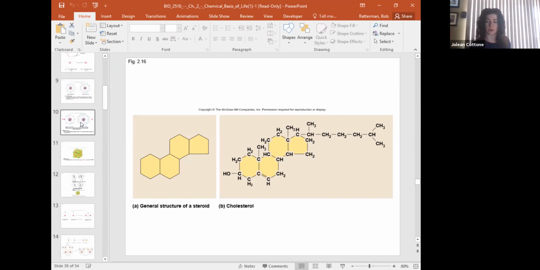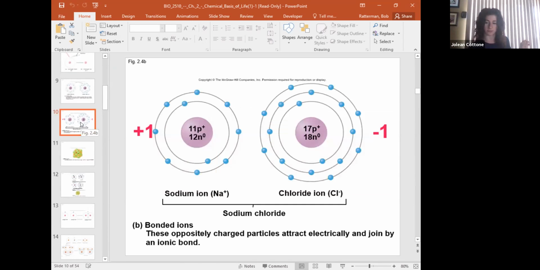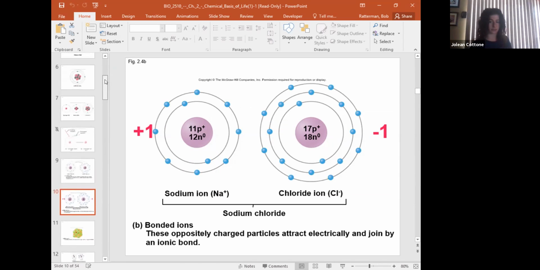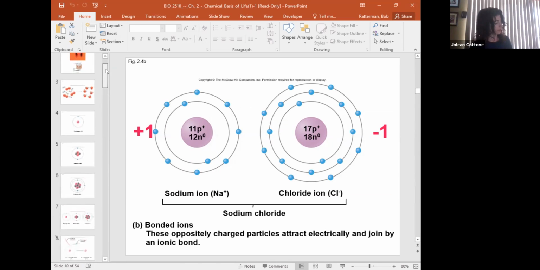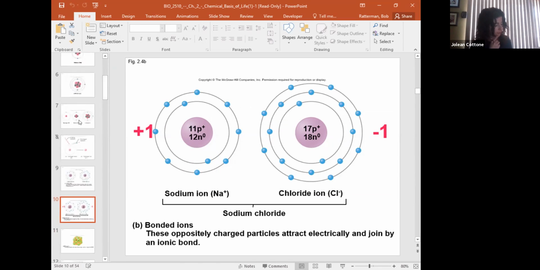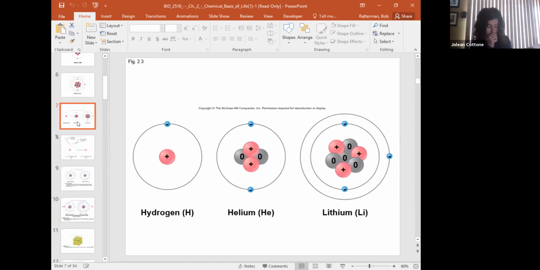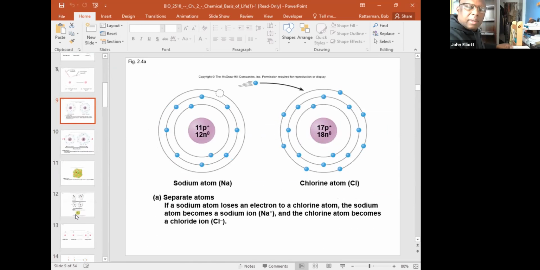Hey, John, did you get the email from Sunday night? She gave us a list of things to study. Yes, I got it, and that's what I've been using to study. It says a lot of things about covalent bonds. For instance, distinguish between a single covalent bond and a double.